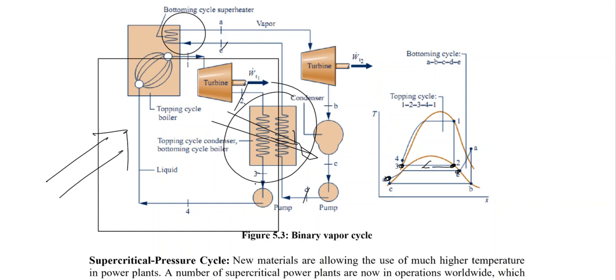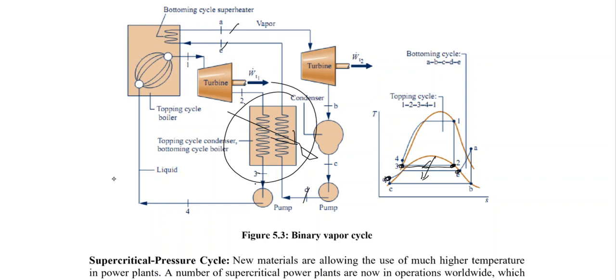So 2 to 3 is rejected, and it is accepted from D to E. While from E to A over here, we can utilize the same boiler to reheat or superheat the working fluid. So this is the concept of a binary vapor cycle, when we have a high temperature cycle as a topping cycle, and a low temperature cycle as a bottoming cycle.